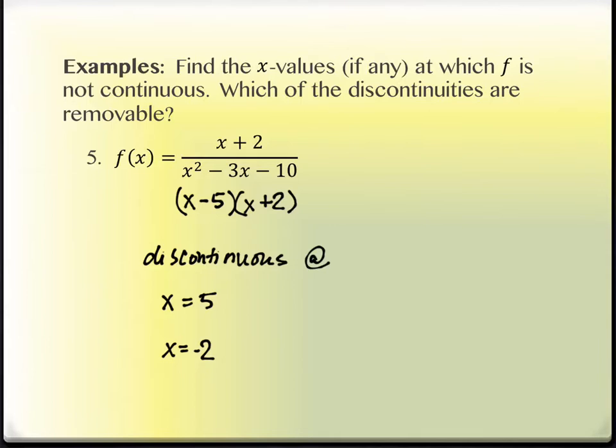They could both be non-removable, or I could have one of each. Right? How do I decide? Well, I take a look back at the function and see what reduces. So if you look from the numerator to the denominator, something will cancel out, right? What is it? Yeah. And when we have something canceling out like that, that creates a hole. So the x equal -2 is actually a removable discontinuity. And we're going to write a note to ourselves too. This is because there's a hole there.